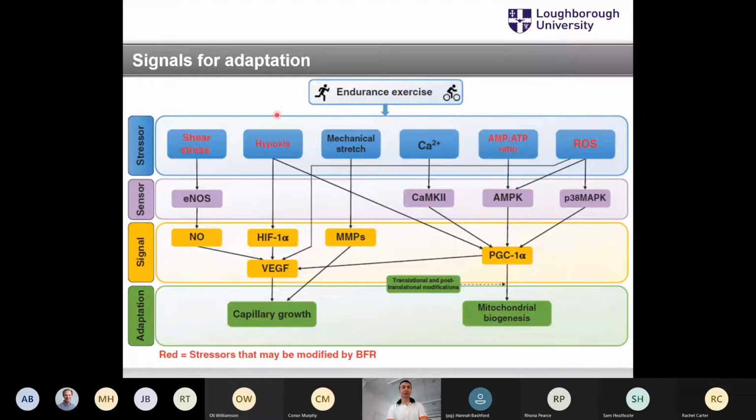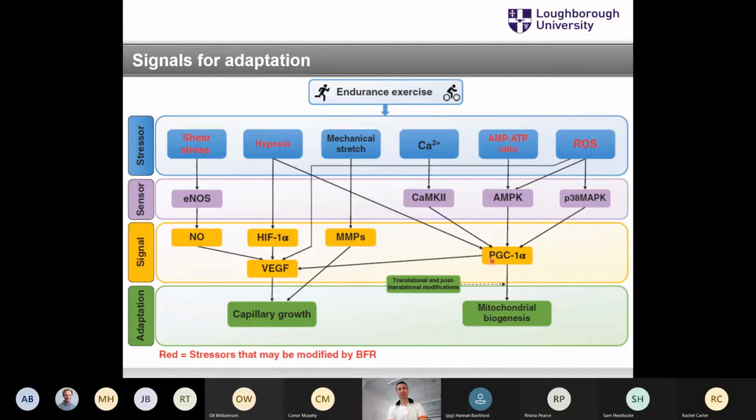All these are physiological stressors which effectively switch on a cascade of signals that are sensed in the skeletal muscle cell or on the endothelial cell, a series of molecular signals that contribute to the adaptive response. And in this particular case, capillary growth and mitochondrial biogenesis.